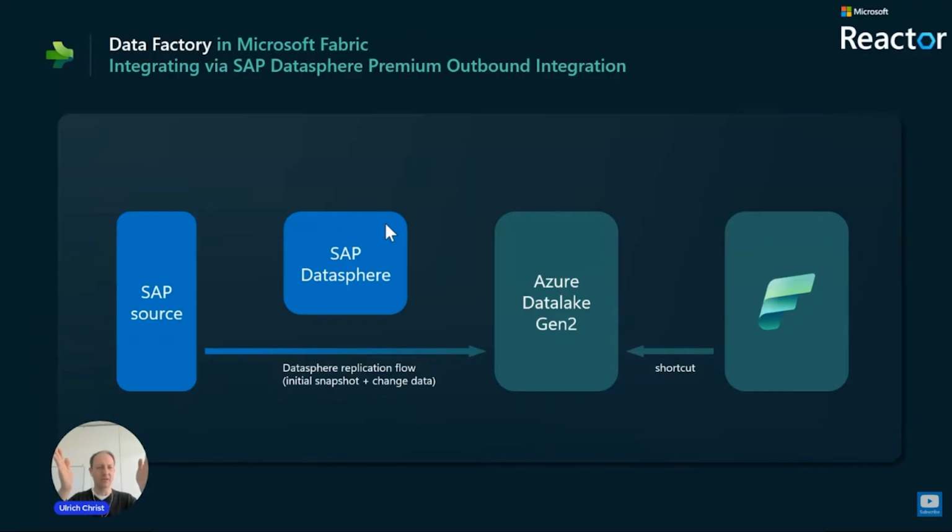What we see in terms of customer demand, what we also see when we're talking to partners and customers, is that everybody wants options. And that's exactly why we have this 3-tier or 3-pillar strategy of building connectors, working with the partner ecosystem, and also working with SAP to provide customers with options, because there's no single best way to get SAP data out.